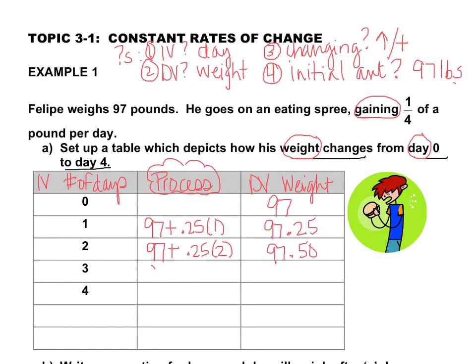On day 3, we take our 97 pounds plus the 0.25 times 3, so now he weighs 97.75 pounds. On day 4, 97 plus 0.25 times 4, which is going to make him at 98 pounds.